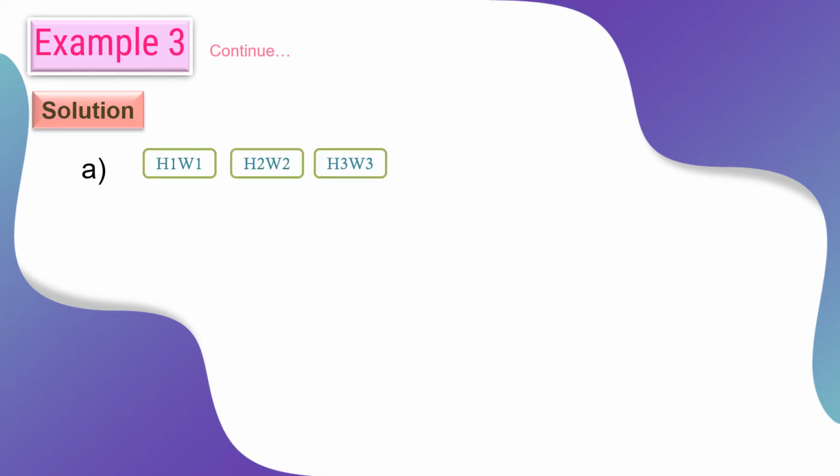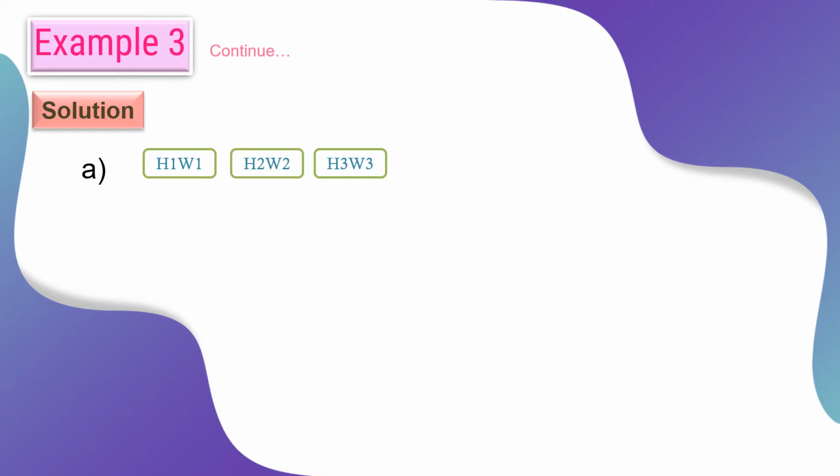How to solve for A? We have 3 couples, and each couple has a husband and wife. The condition for A is that each couple sits together.